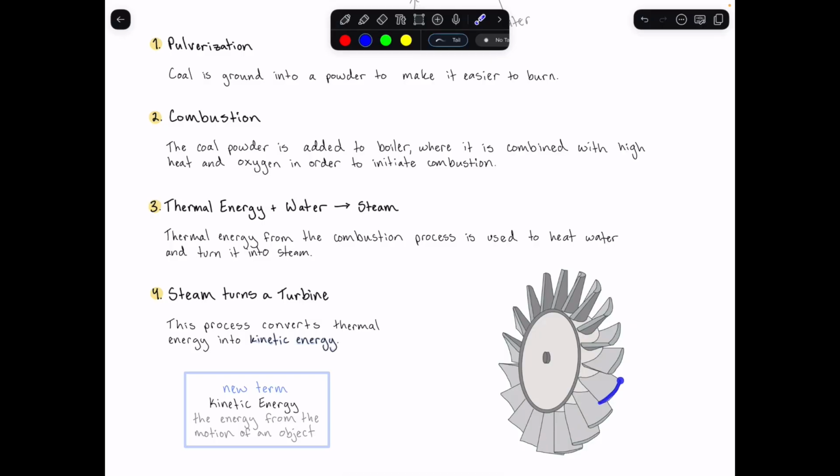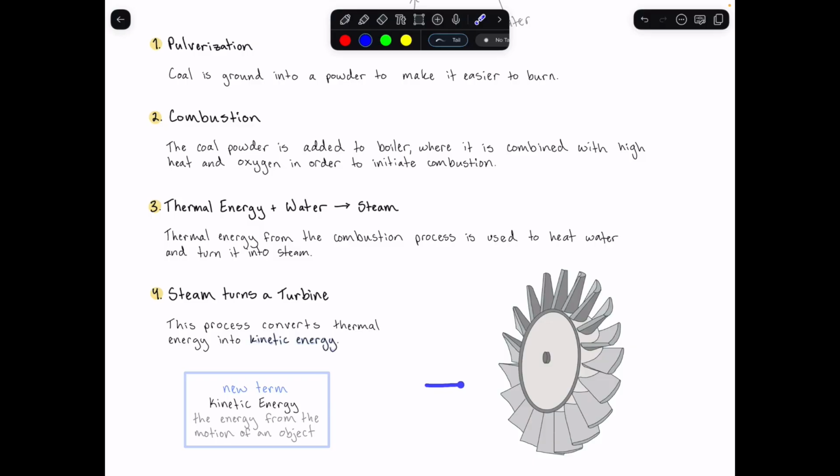You can see here there are these curved blades, not flat blades. Steam is coming towards the steam turbine like this, and when the steam hits these blades, because they're curved, the steam gets pushed up a little bit. As the steam is pushed up as it tries to get through the blade, it's also pushing down on these blades.